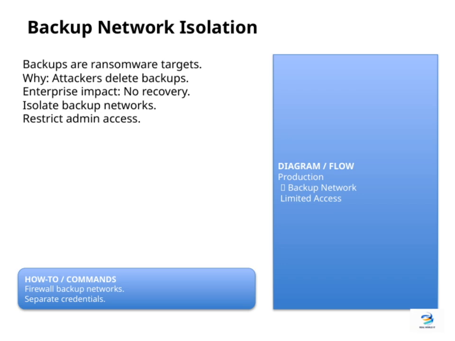To prevent this, we should isolate the backup networks completely and restrict administrative access strictly to essential personnel. This way, even if the main network is compromised, your backups remain safe and accessible for recovery. In summary, backup network isolation is a key strategy in strengthening your overall cybersecurity posture, ensuring that your backups are protected and available when you need them most.